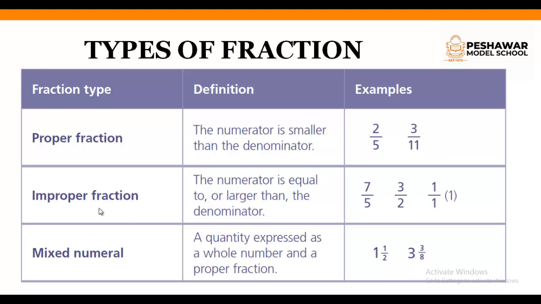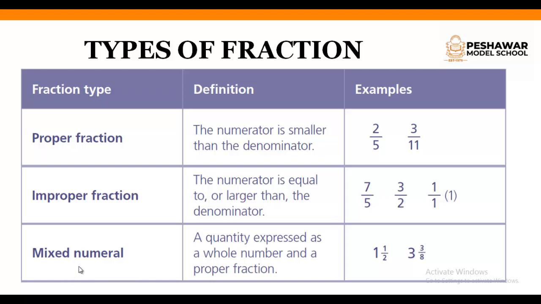The next one is improper fraction. The numerator is equal to or larger than the denominator. Whenever you have a greater number in the numerator and a smaller number in the denominator, it makes an improper fraction. 7 by 5, 3 by 2, 1 by 1 is equal to 1.